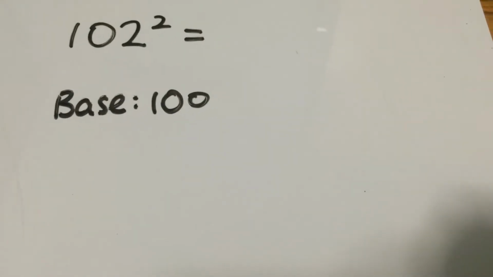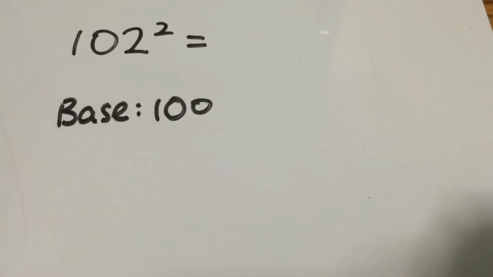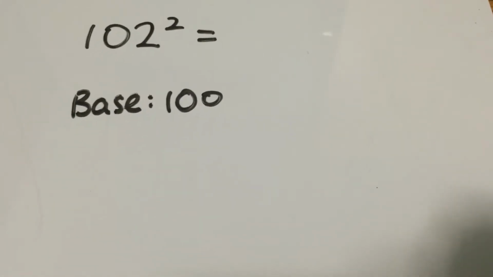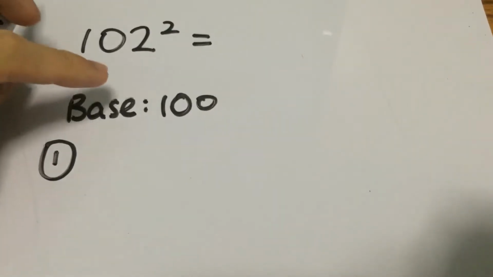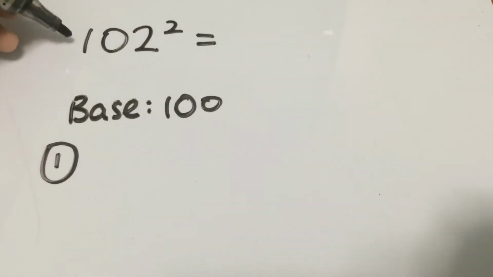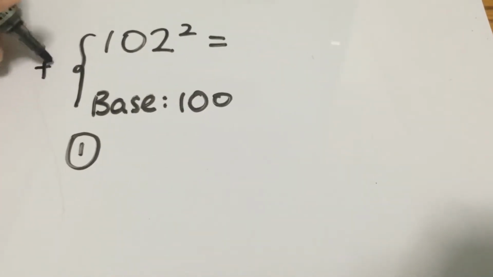Alright, so the first example we're going to calculate is 102 squared, using the base as 100. The first thing that you need to do is find the difference between 102 and 100, which in this case is 2.